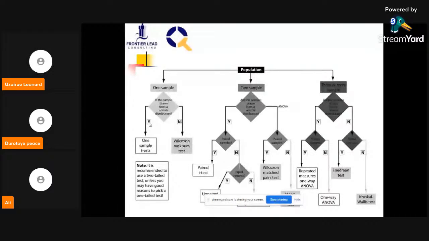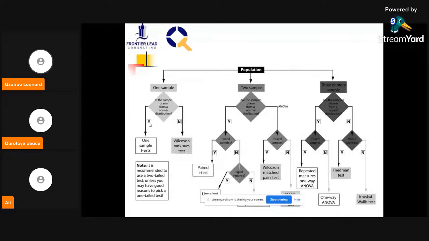So the next question is, if it's a two sample population, the next thing you also ask yourself is, are they drawn from a normal population? Then if it's yes, then the next question is, are they paired samples?